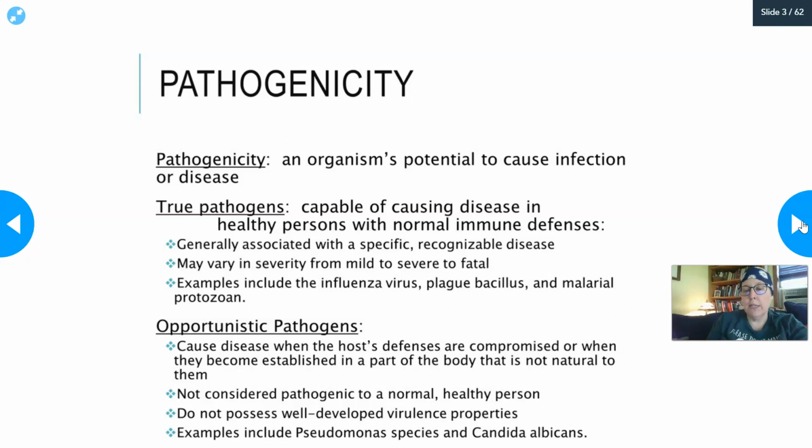Also, normally Candida albicans, everybody has some, but if you get a patient that is getting chemotherapy for cancer and they're knocking out their immune system, they can very well get a Candida infection that's even systemic. So that happened to my aunt when she was being treated for acute myelocytic leukemia, pending her bone marrow transplant.